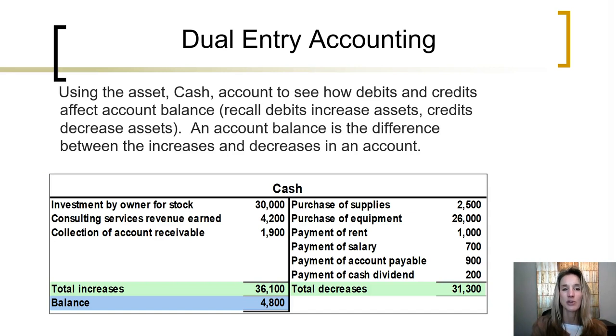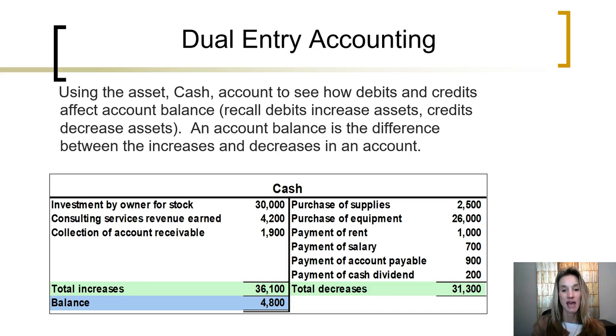So we can look at how using debits and credits causes increases and decreases to accounts by looking at one asset account, cash for example, and see how the account balance is changed by debits and credits. Now, an account balance is the difference between the amount of debits posted to that account and the amount of credits posted to that account. So looking at cash, which is an asset account, recall that debits increase asset accounts and credits decrease asset accounts.